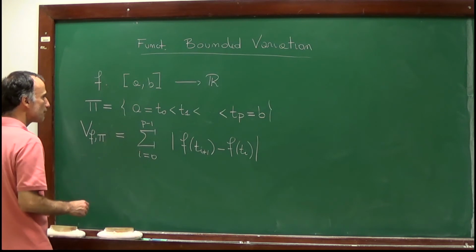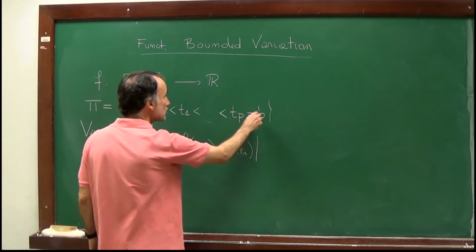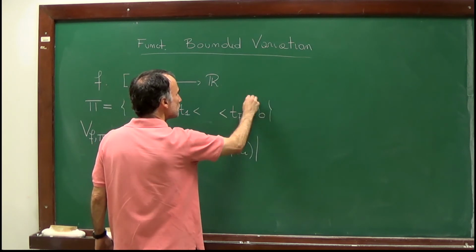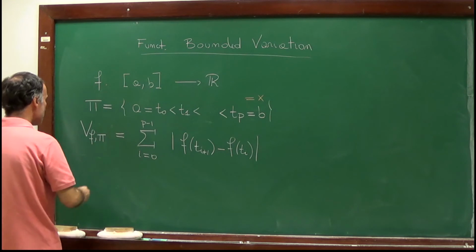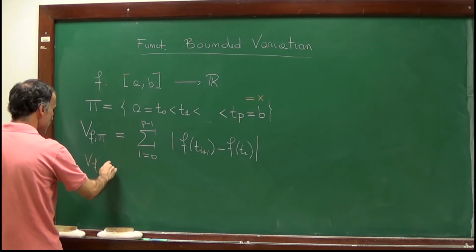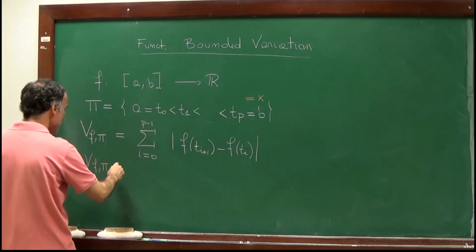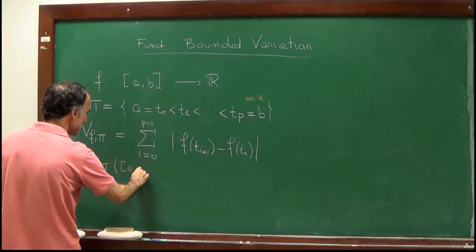Maybe I want to take a partition which doesn't go up to b but up to some x. In which case I will represent that by the variation of my function f along that partition pi, where pi is a partition of the interval [a,x].